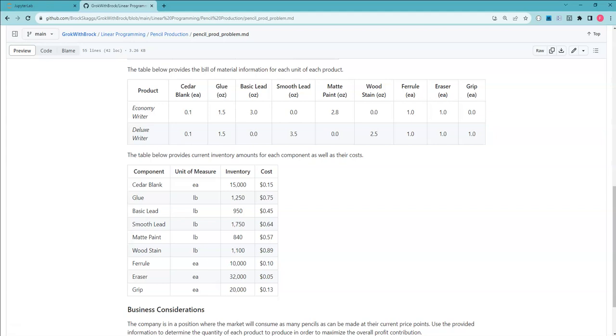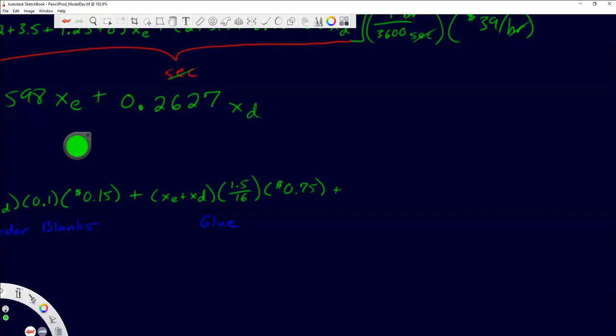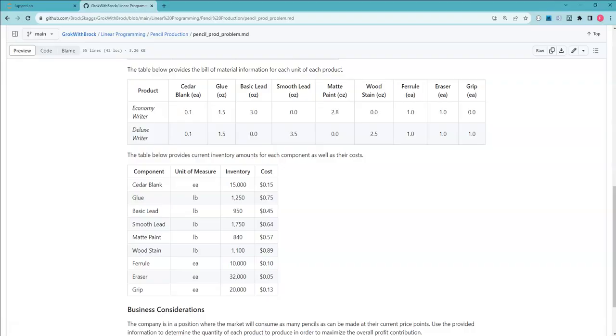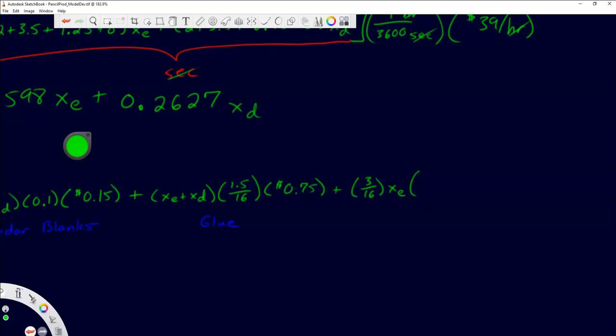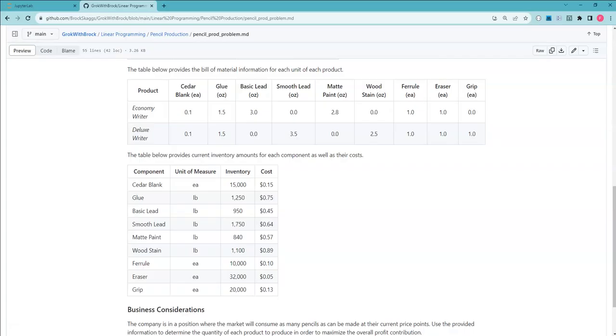Alright, so next, moving on from the glue, we get to the basic lead. And this is the first time we have one that's only used in one product and not the other. The basic lead is only used in the economy writer, so we won't see any action here with the deluxe writer, or X sub D. So the amount here is X sub E times 3 over 16. And the cost of the basic lead is 45 cents. And then we'll go ahead and do the other one as well.